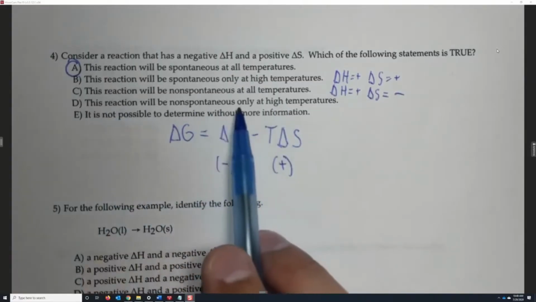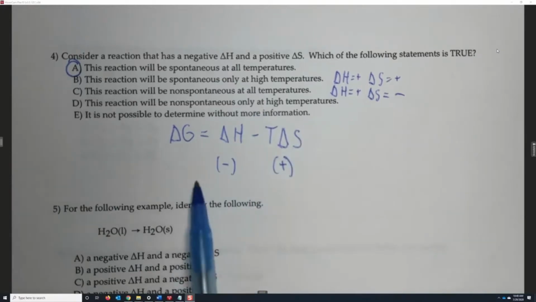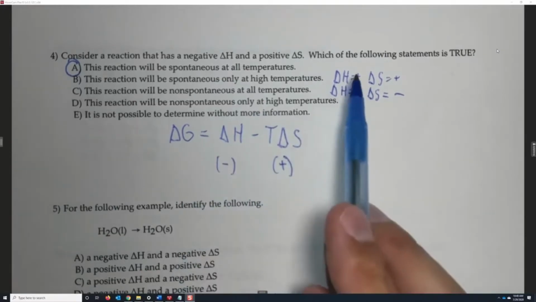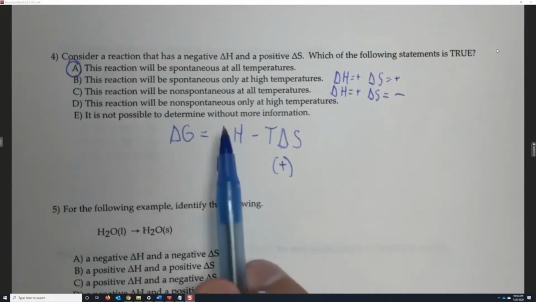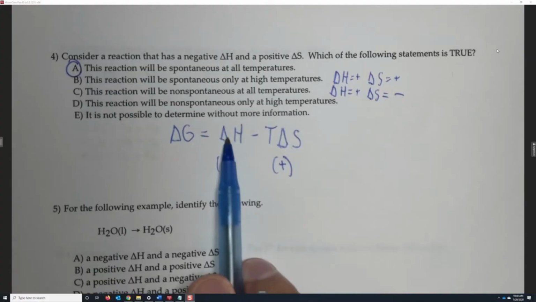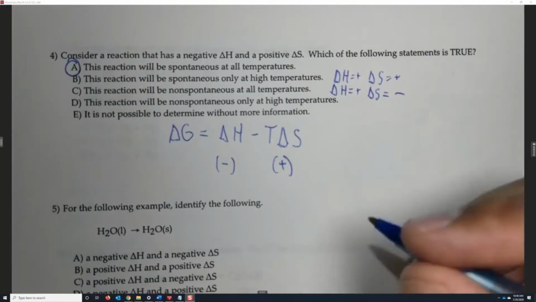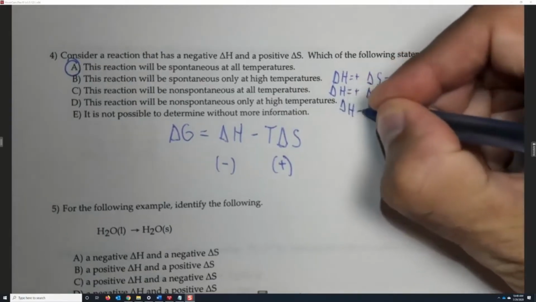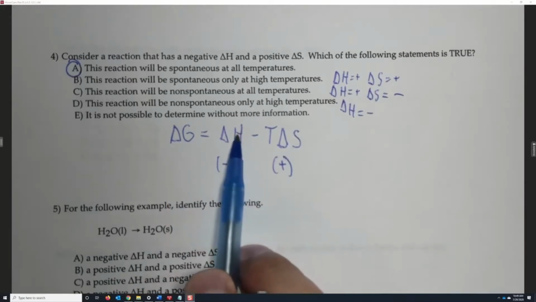The reaction will be non-spontaneous only at high temperatures. So in this case, it's going to be the opposite of this case. So if we have a value here of delta H, which is negative, that's going to favor this delta G being negative and spontaneity.